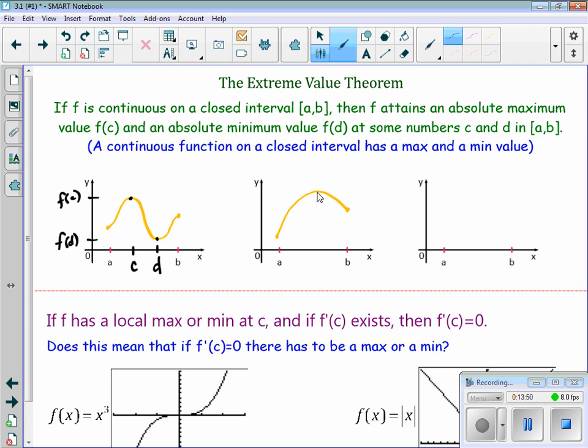So that'd be like here, right? And this would be my f of C. And where would D be located? At A, right? This is where D is. So an f of D would be the same as f of A in that case. You guys okay with that?